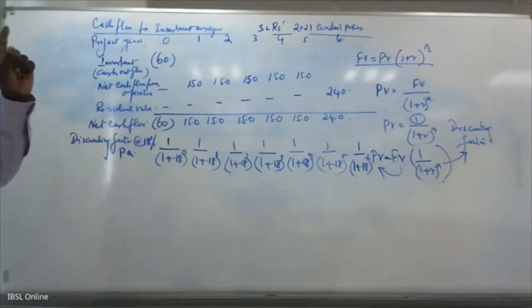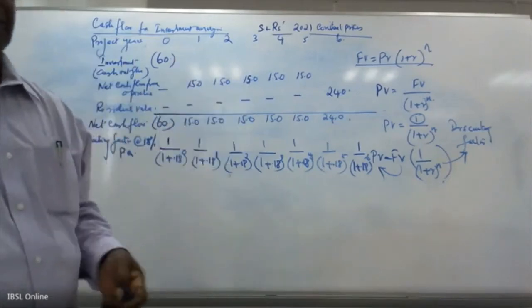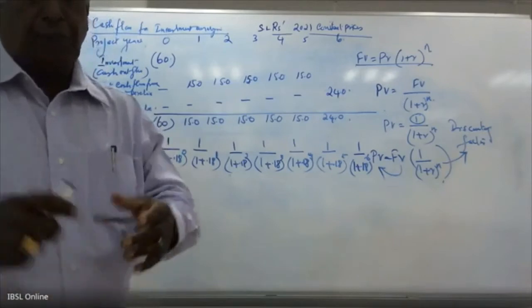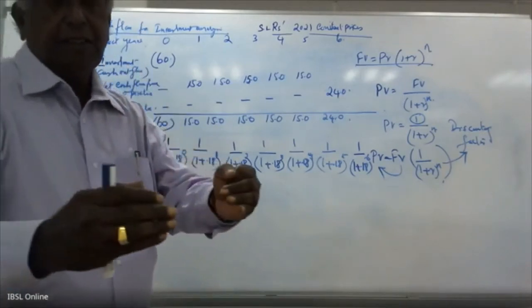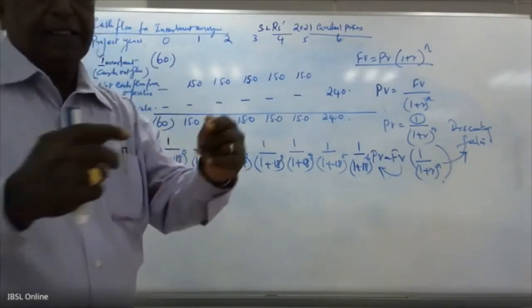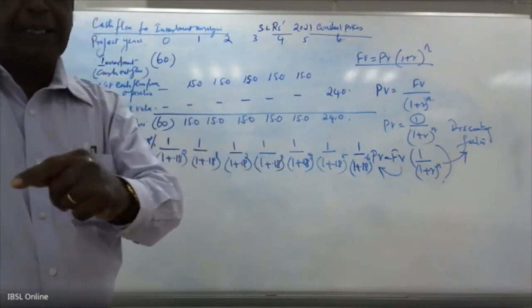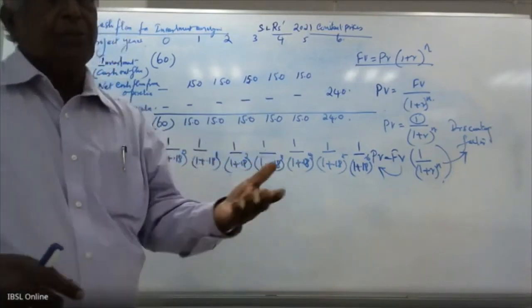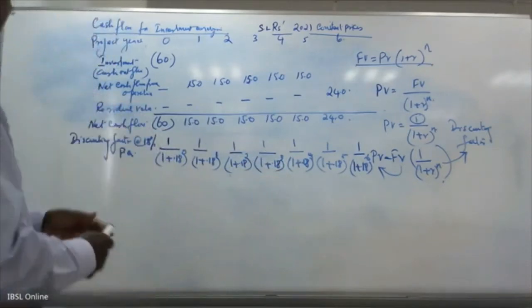I told you, there are discounting tables like compounding tables. From the discounting table, you can find out for what interest rate and what period. But here we are using an ordinary calculator.